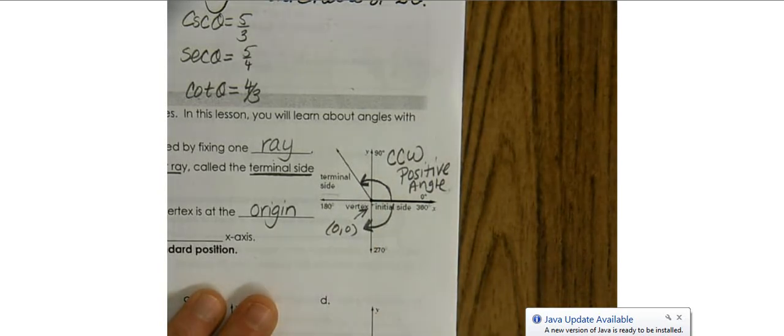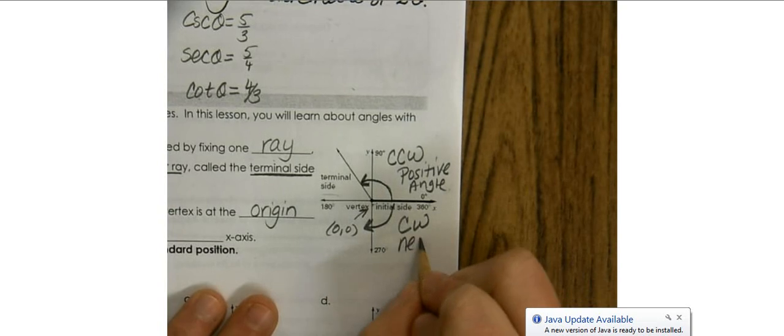So if the angle is rotated counterclockwise, so CCW means counterclockwise, then what we have is a positive angle. And if your terminal side was being rotated in the opposite direction, or in clockwise motion, then we would have a negative angle.